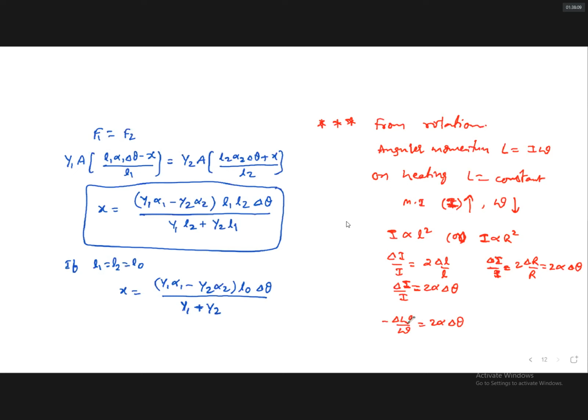So the fractional decrease in angular velocity we get from this relation. That is the temperature effect on the moment of inertia of a rotating object or the angular velocity of that rotating object.